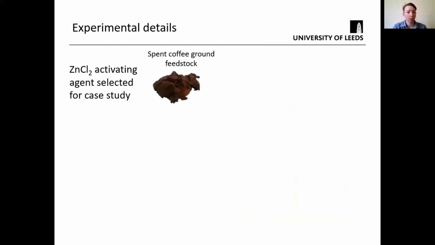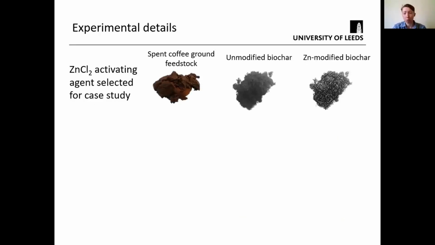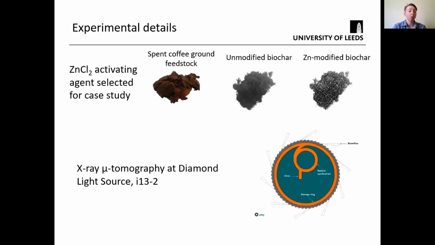So I chose a spent coffee ground feedstock, created a biochar, a control biochar, and then the zinc-modified analog to do microtomography on. In my case, I used a synchrotron-based X-ray source.